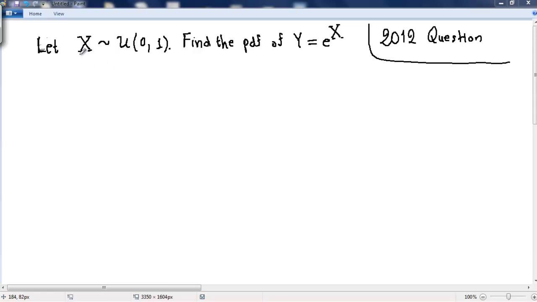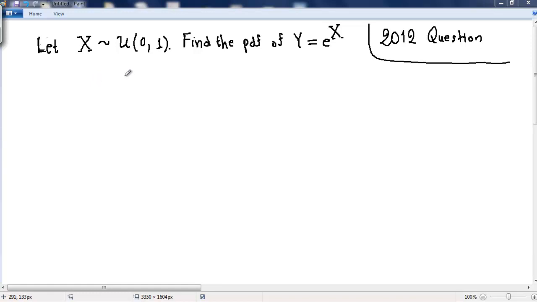Next problem we're taking a look at is from a 2012 question from University College London. We have a variable x that follows a uniform distribution over the interval 0, 1.